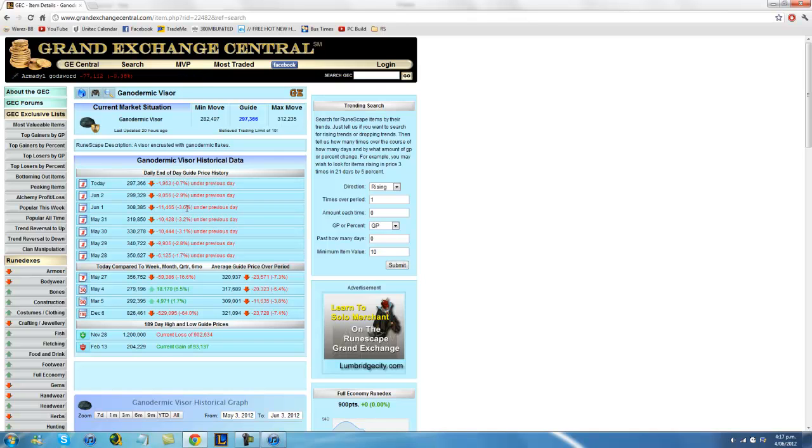Now, if you look at these past three changes of price, 3.6% is quite a bit. That's the amount of profit you probably want to get per item when you're flipping. And then you have 2.9%, and a 0.7% drop in price. That's quite a big percentage for an item, just for one day.